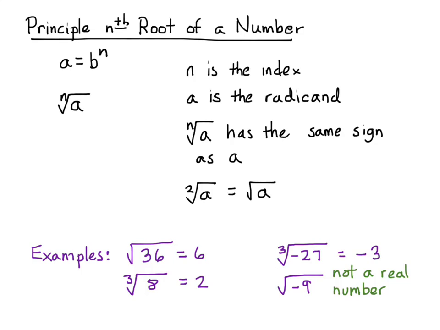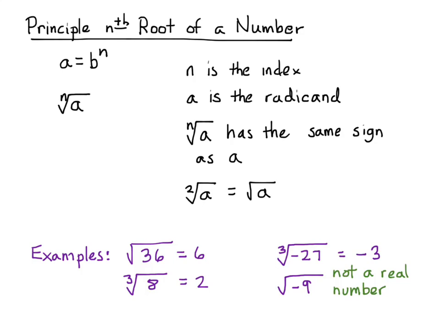There's no way to find a number that multiplied by itself gives you a negative number. So the cube root of a negative number is a negative number, and we can only take the square root of positive numbers.